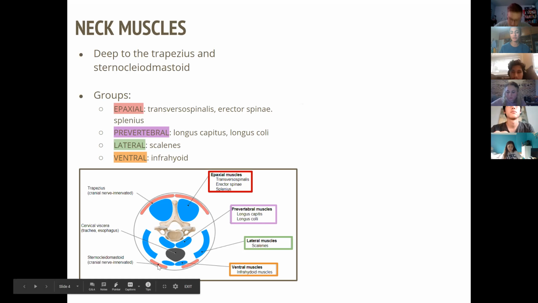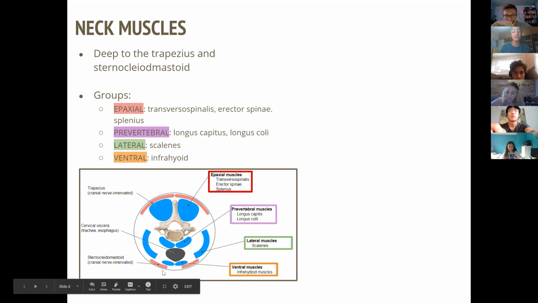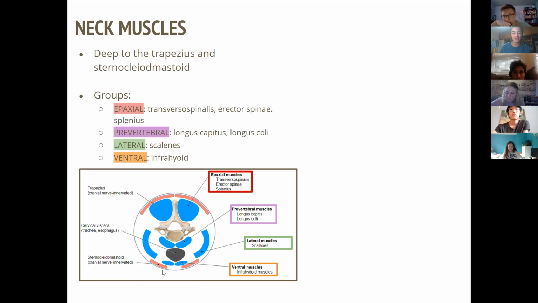And another distinction between these two muscles and the muscles of the neck that we're talking about, these groupings. Does anyone know another distinction? It has to do with nerves, if that's a hint. Innervated by the spinal accessory nerve. Yes, exactly. Thank you so much, Emma. So remember that the sternocleidomastoid and the trapezius were innervated by the spinal accessory, by CN11, right?